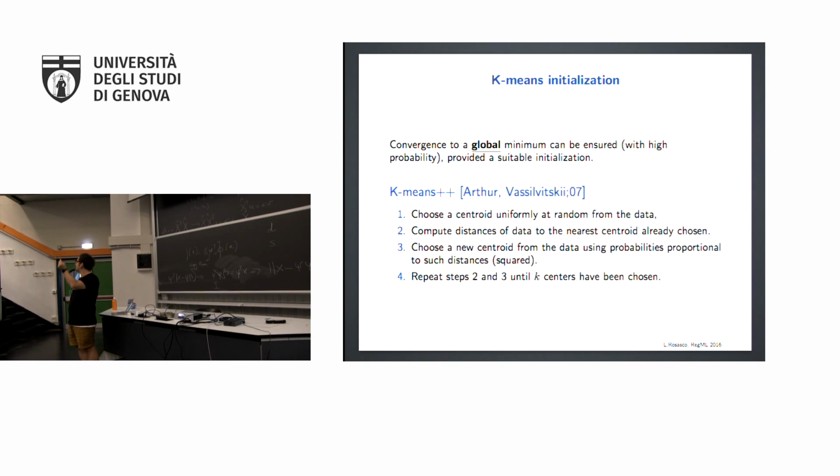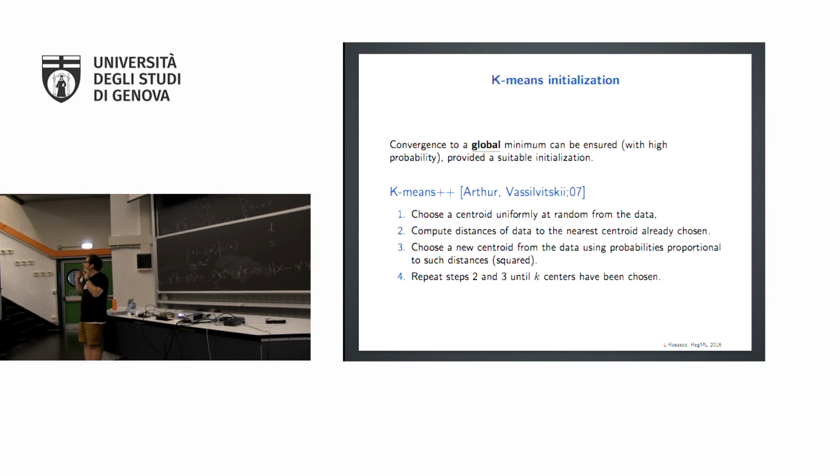That is, getting, with high probability or in expectation, close to the global minimizer. In fact, the result is even stronger than this. It gives you an initialization which is itself an approximate global minimizer, close to the global minimizer of the k-means functional.